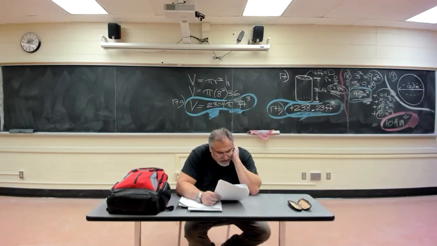Get on the other side. 19 and 19 is 38. 38 underneath, 15 onto 38 is 53.